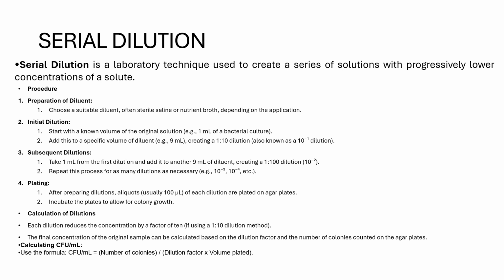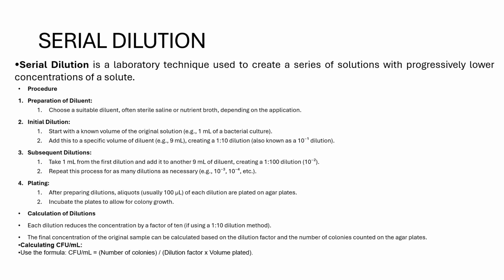So that is why, when we do plating of those bacteria, we need a serial dilution method, so that in diluted form we can count the number of colonies, because a petri dish or whatever plating tubes are of smaller size. Therefore, the serial dilution method is used.